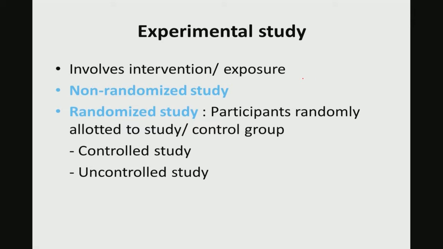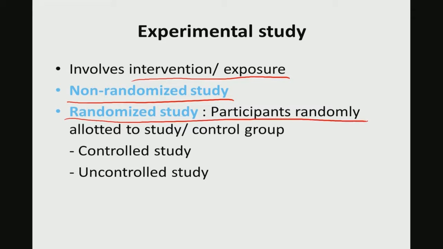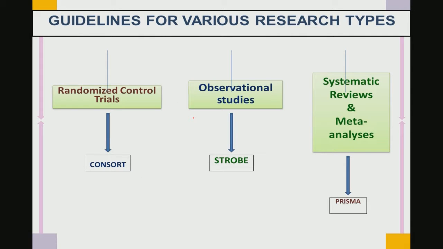As I said in the last slide, experimental study essentially involves intervention or exposure, and it can be non-randomized, and in the case of a randomized study, participants are randomly allotted to a study cohort group, and it can be controlled or uncontrolled, but I will draw your attention to the controlled study.